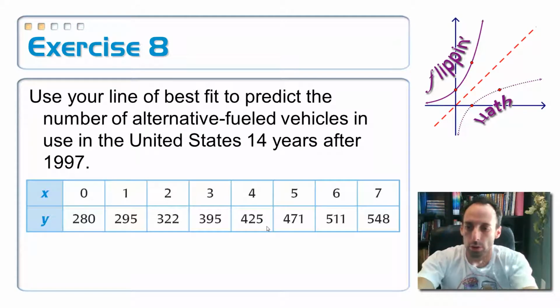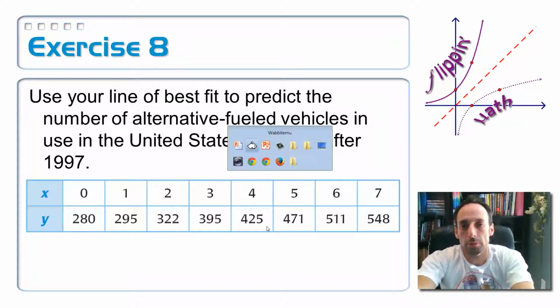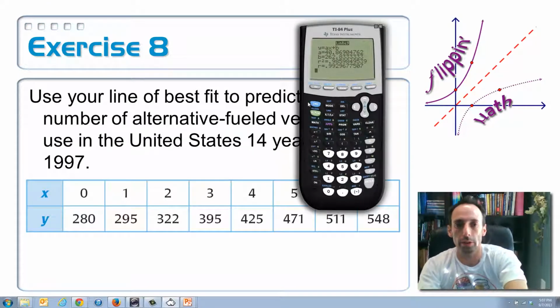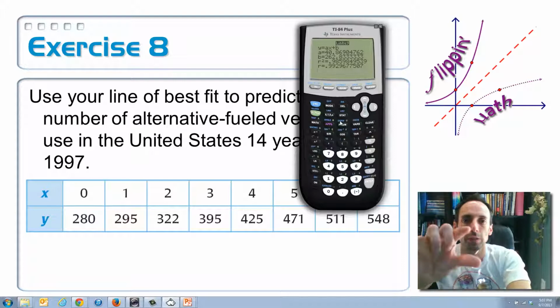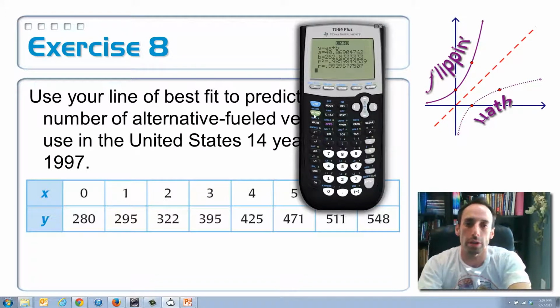Okay, so I'm just going to plug 14 into my equation, and there's a pretty easy way to do that on the calculator. So I'm back on the home screen here. If I just type in y1 and put in parentheses 14, it'll calculate it for me because y1 is stored into the calculator. Here's another way to get y1 if you have the calculator with a newer operating system.